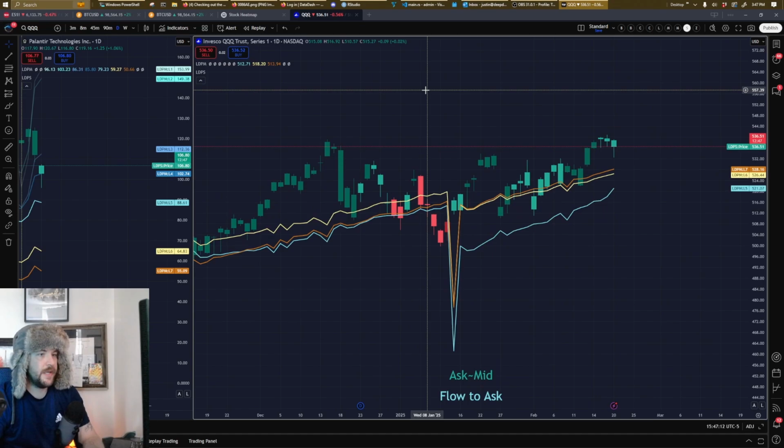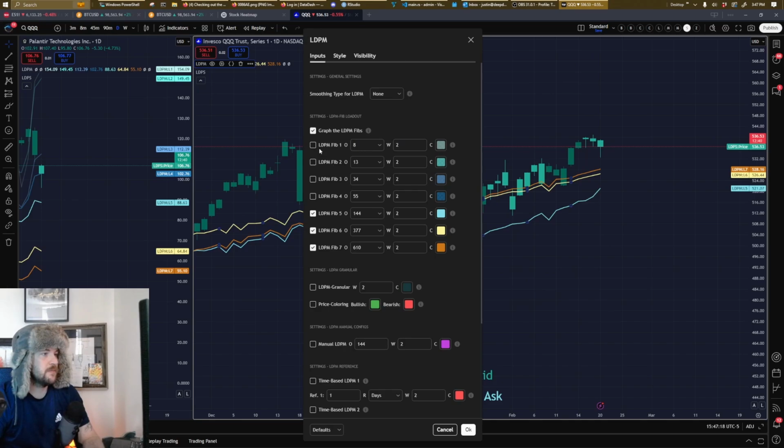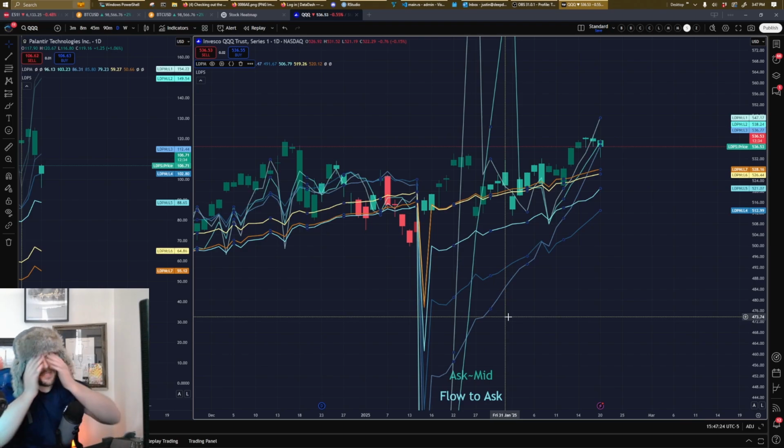QQQ on the 1 day is in a bull trap. We don't have the eager parties on. You did break me. It's good to see me break though, because this stuff isn't easy.